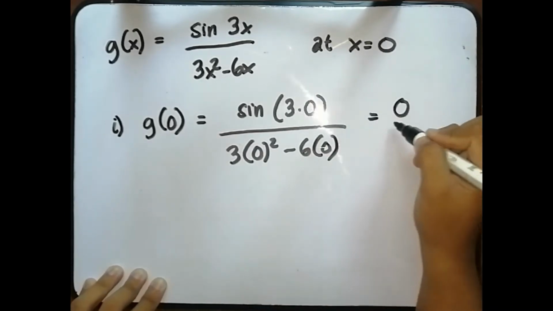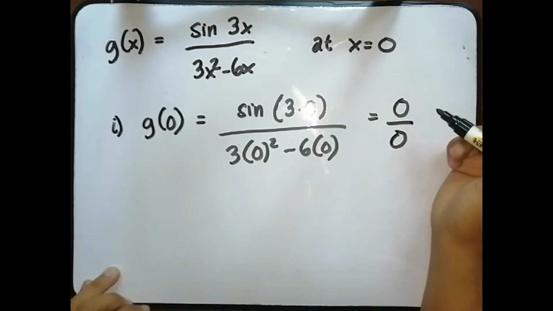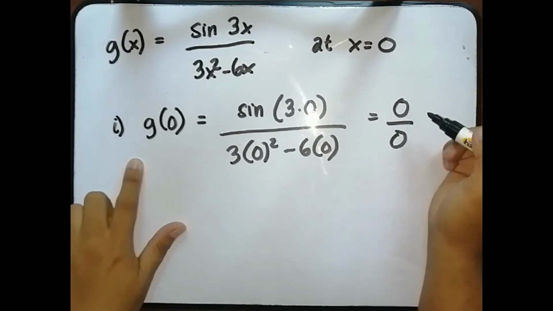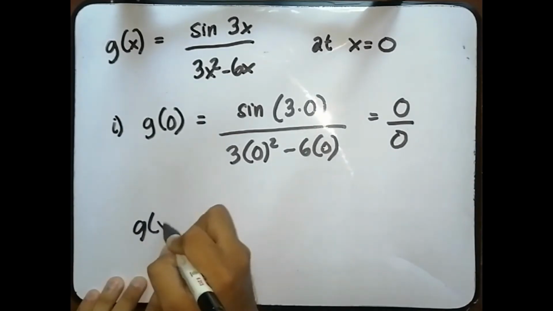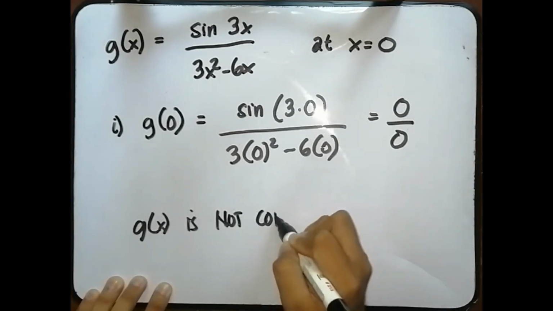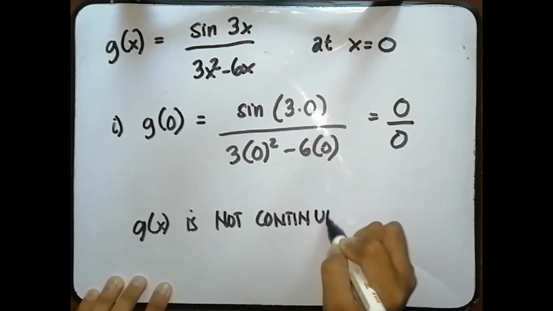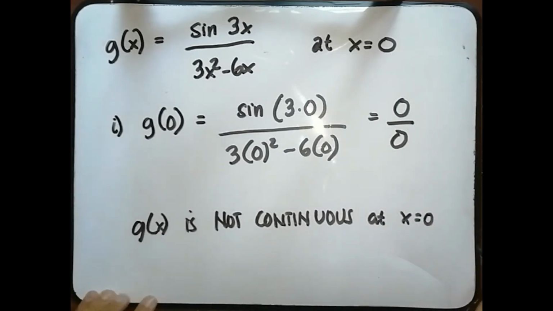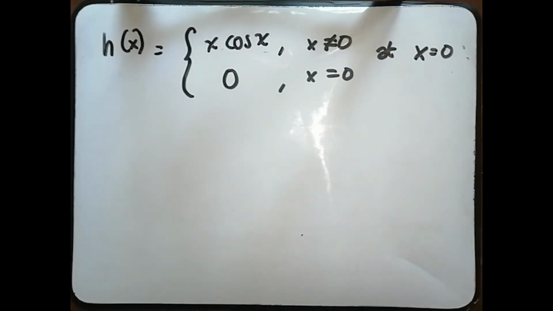So we have 0 over 0. So first criterion pa lang, hindi na siya defined. Therefore, g of x is not continuous at x equals 0.